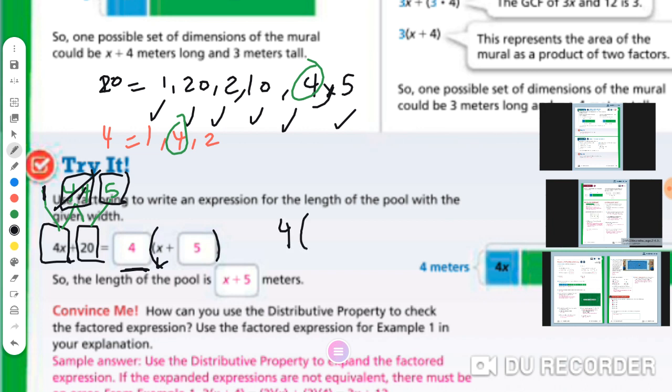So it's 4 times the quantity x plus 5. Okay, so these are the 2 factors. Okay, let's move to another example.